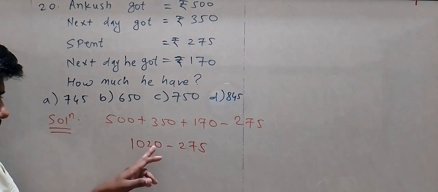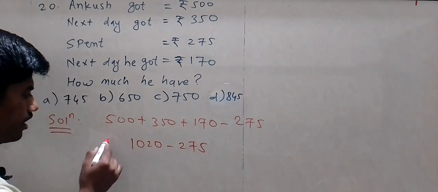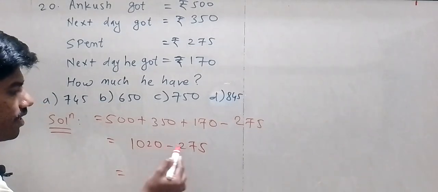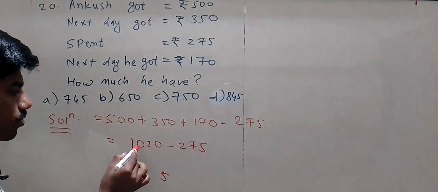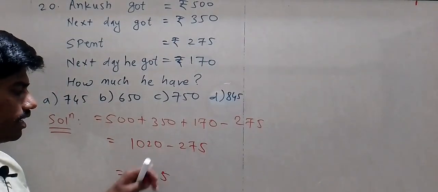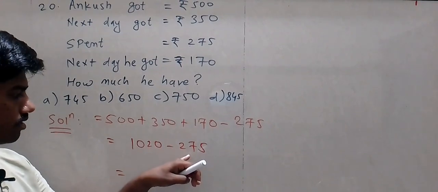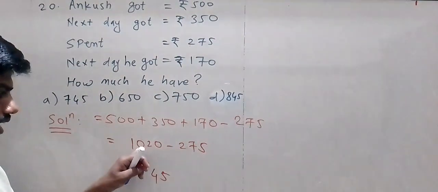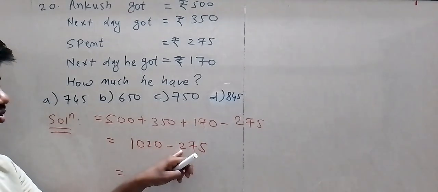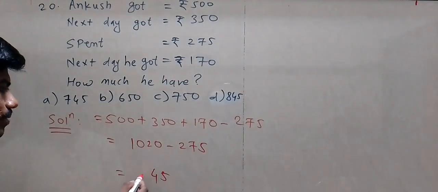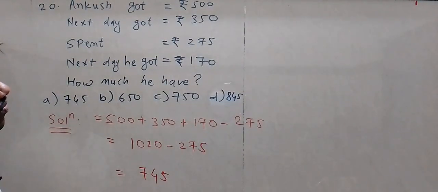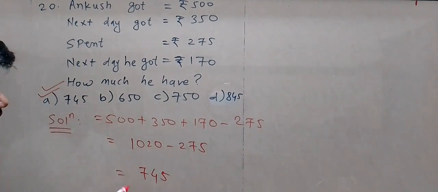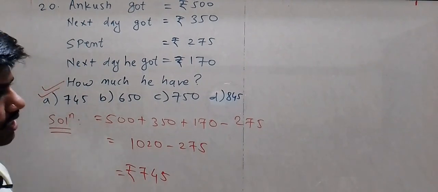Try to reduce this one. 10 minus 5 becomes 5. 1 minus 7 is not possible, so 11 minus 7 becomes 4. And 9 minus 2 becomes 7. So the answer is 745. Where is the option? Option A is the correct one.